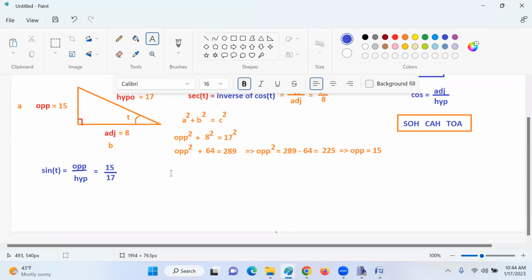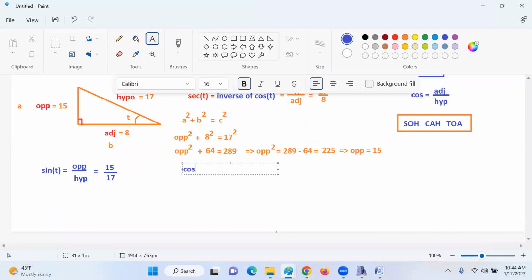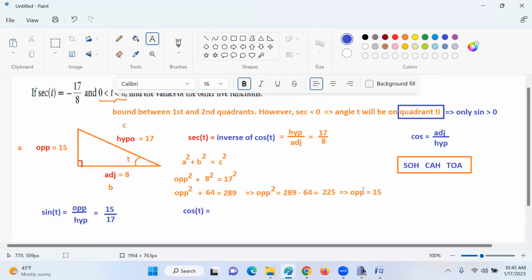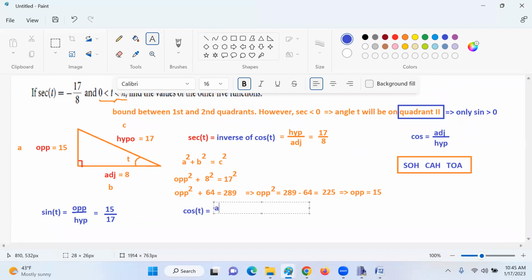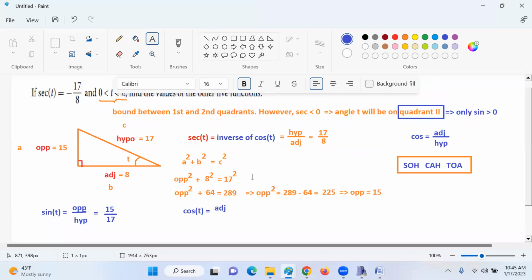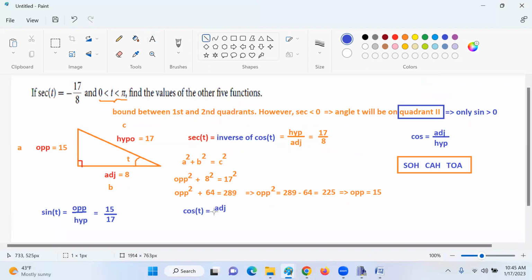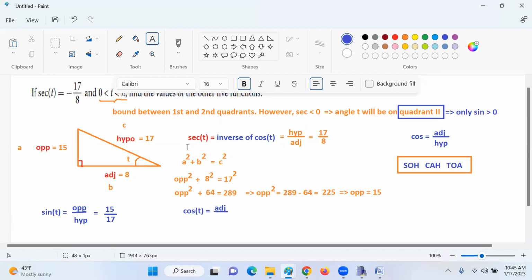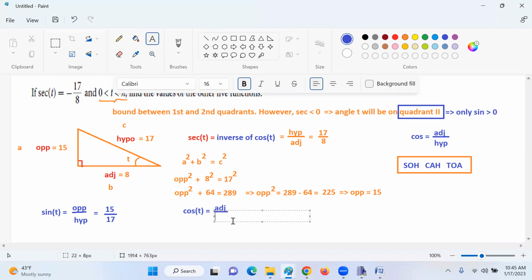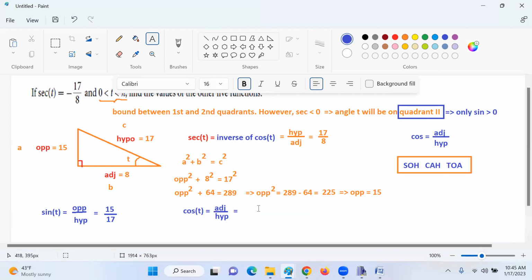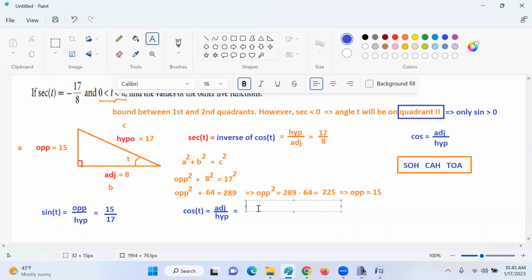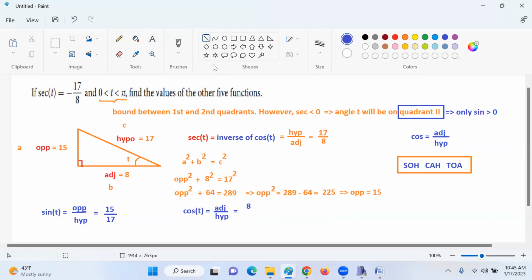And then we can also figure out the cosine. The cosine of t will be the adjacent over hypotenuse. But remember that the adjacent will be 8, and the hypotenuse is going to be 17.